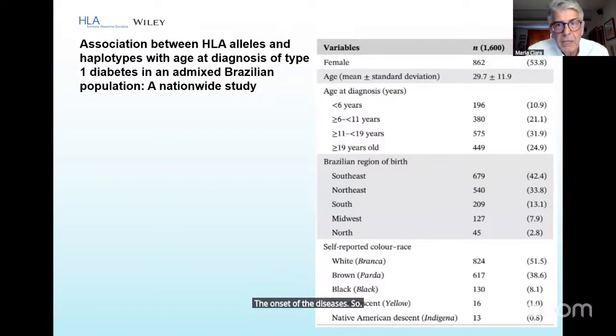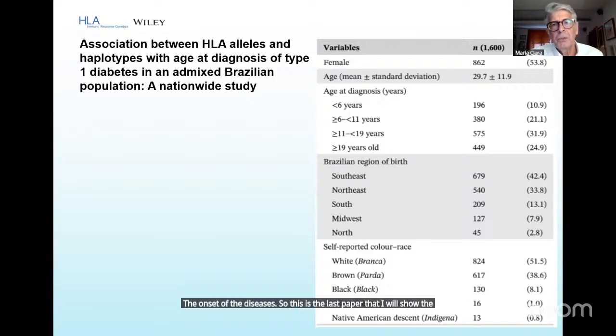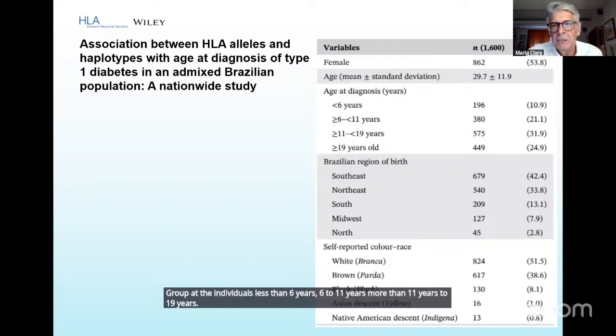So this is the last paper that I will show the results for you. We had the opportunity to look at these 1,600 typings, and the information about the age of diagnosis. We grouped the individuals as less than 6 years, 6 to 11 years, more than 11 years to 19 years, and more than 19 years.